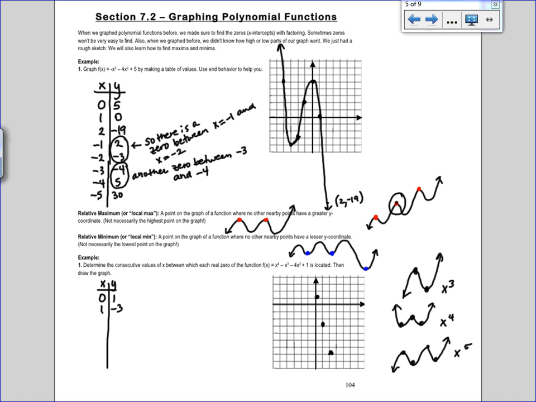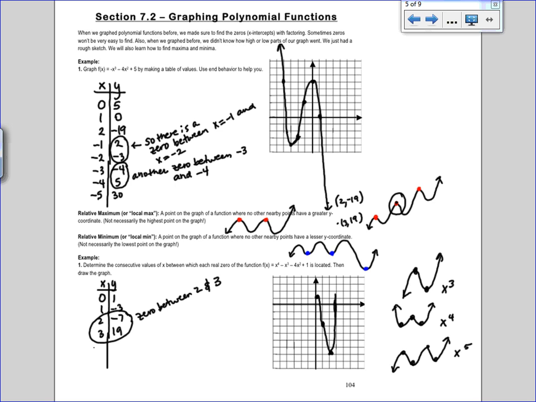So between 2 and 3, the graph crosses the axis. So we have a 0 between 2 and 3.